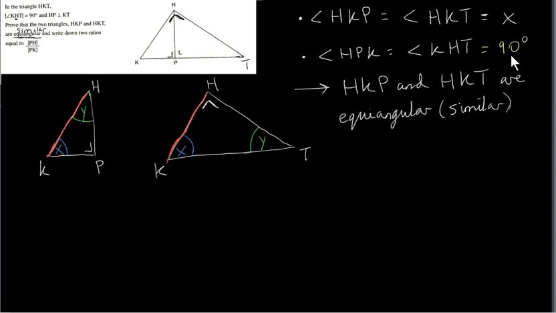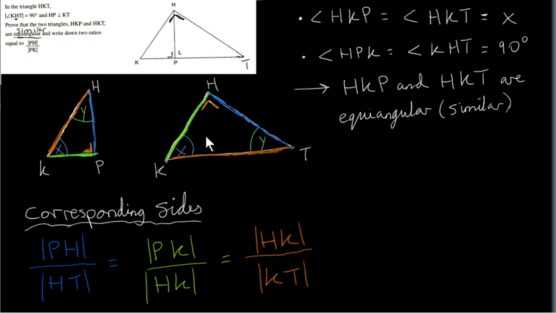That was given. So if two angles in it are the same in two triangles, then the third angle is automatically the same. So that proves that triangles HKP and HKT are equiangular, or in other words, they are similar.